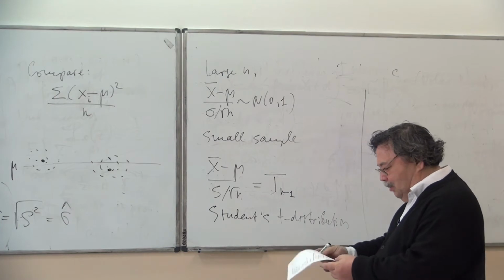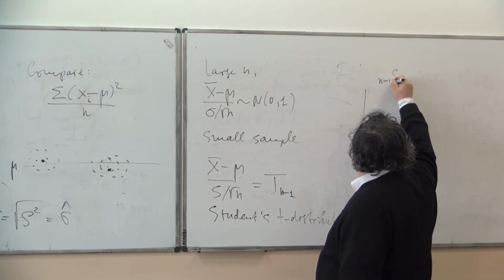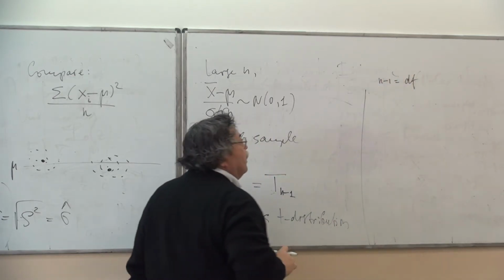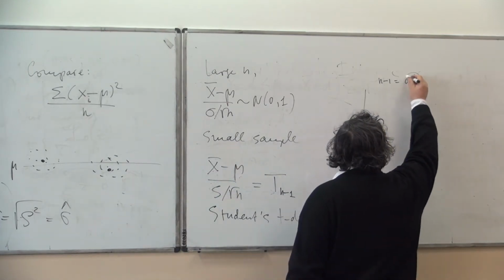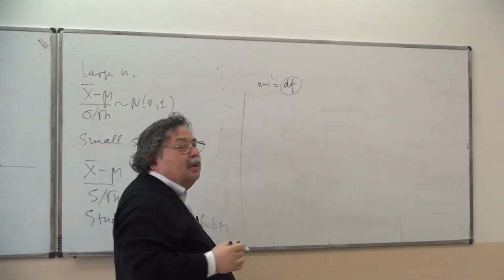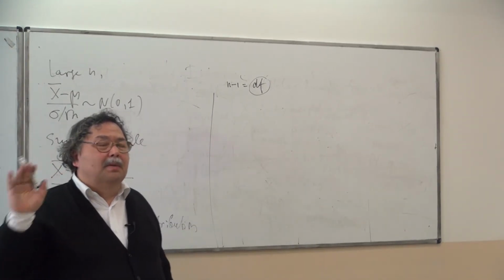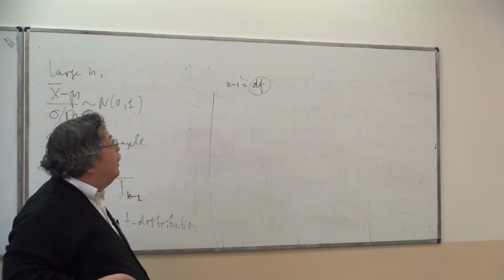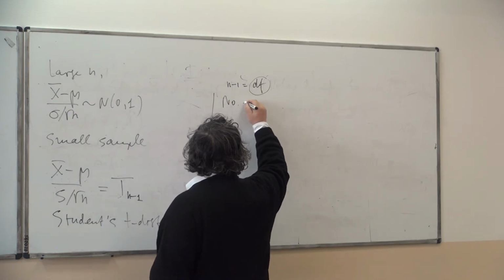Now, what kind of distribution is that? Well, first, n minus 1 here is the number of degrees of freedom, and the notation is df, and df should not be understood as a product of something called d times something called f. df is an integral symbol, number of degrees of freedom.